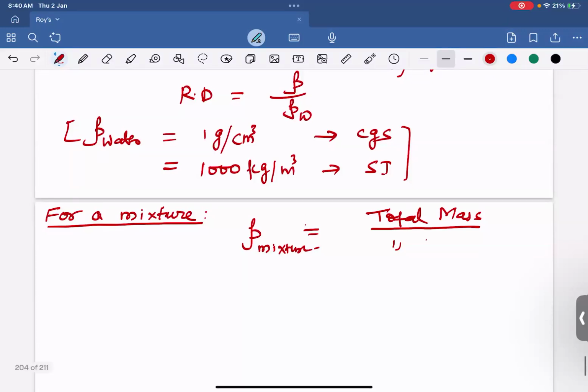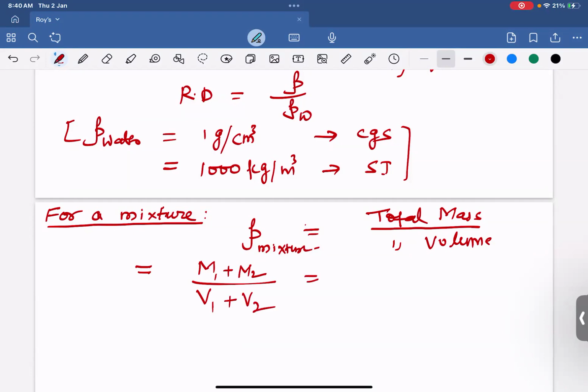total mass divided by total volume. If there are two liquids or two gases in the mixture, then it is M1 plus M2 divided by total volume V1 plus V2.